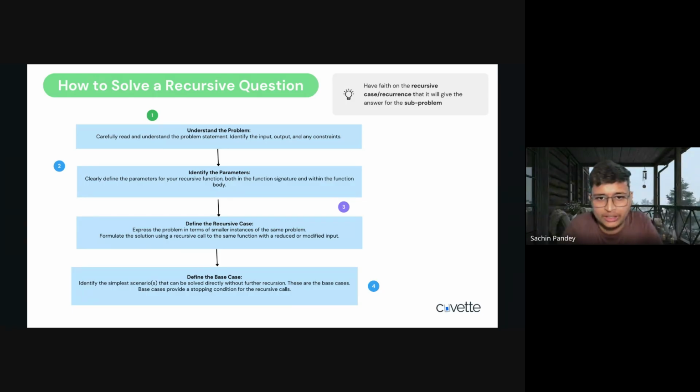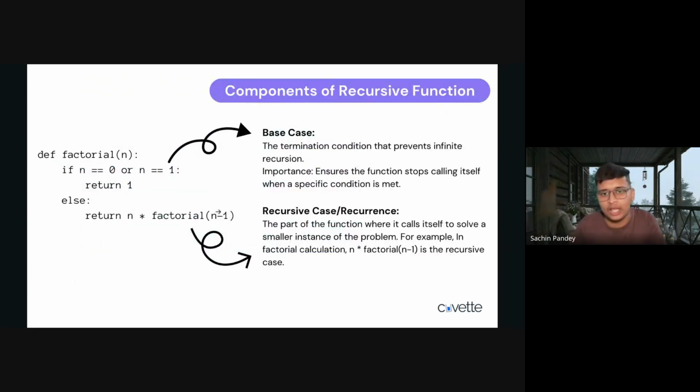Then what you should do is define the recursive case first. This is the best approach. Do not define the base case first. Define the recursive case first, because the recursive case will also give you an idea about the base case. For example, here we are doing n minus 1. It means that if we have a number, any number, 100, 200, it will keep on decreasing by 1.